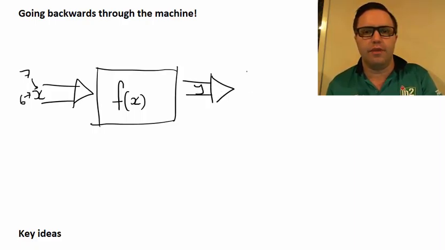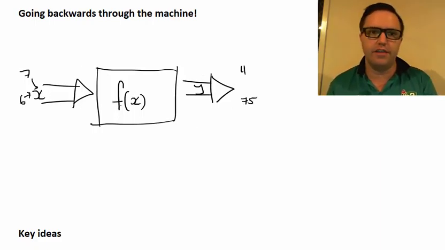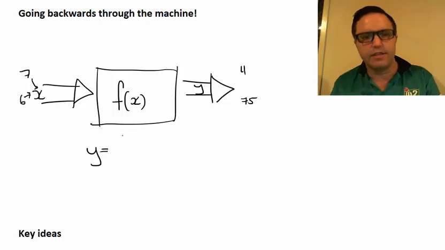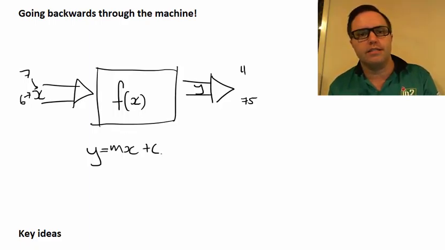They might be like an 11, a 75 or something, like the 7 might be the 11, the 6 might become a 75. Things would happen. And it would usually be in the form that you guys have been looking at the moment, y is equal to mx plus c, okay?